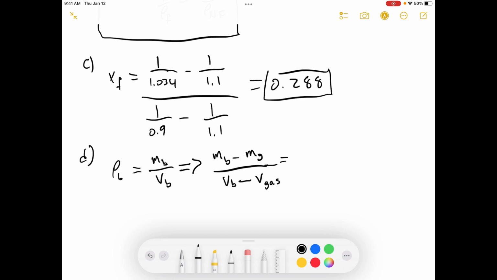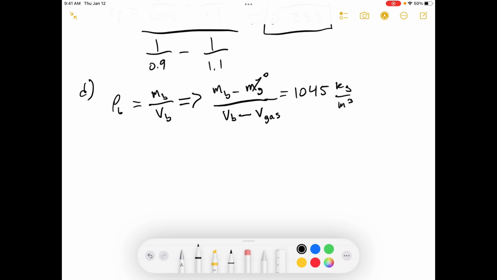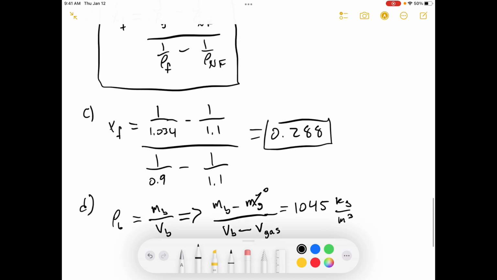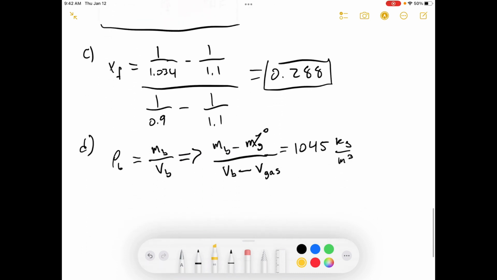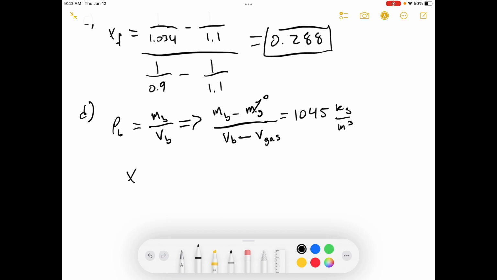So the density equals this, in kilograms per meter cubed. Okay, so then we plug this new density back into our equation here, and we get the new estimate for the fat is equal to 0.235. Okay, so that is it for problem number 3.11.